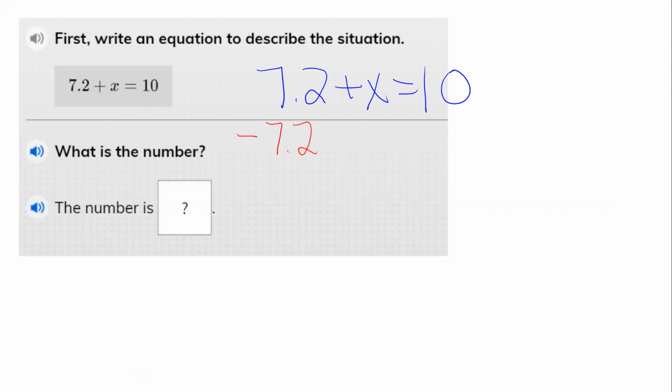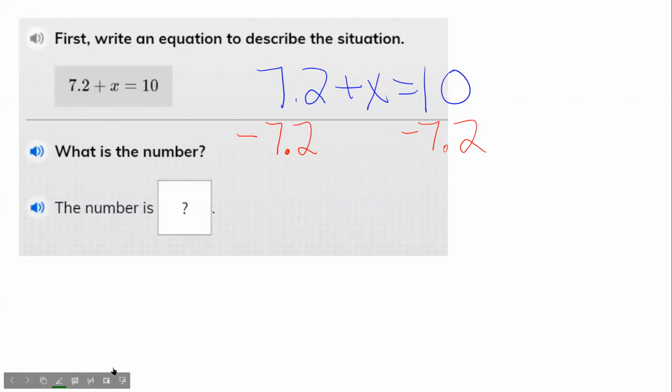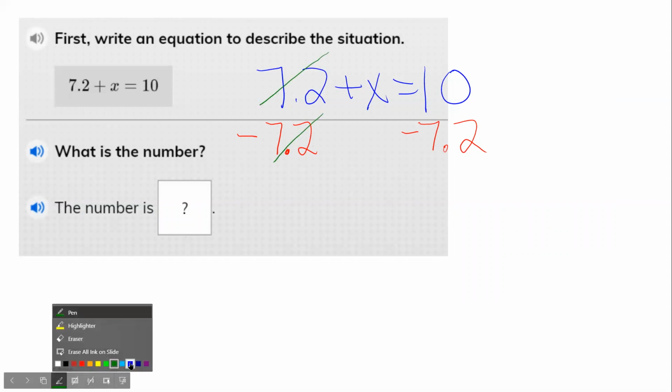So we're going to subtract 7.2 from this side and subtract 7 2/10 also from the other side of the equation. That way, these two guys cancel each other out. 7 2/10 minus 7 2/10 is 0 on this side. That's what we want. We want to isolate X.